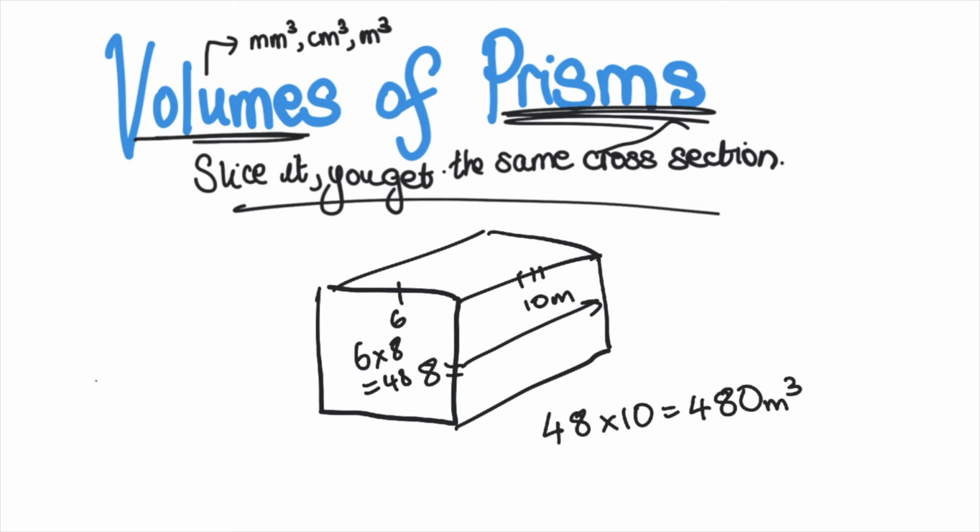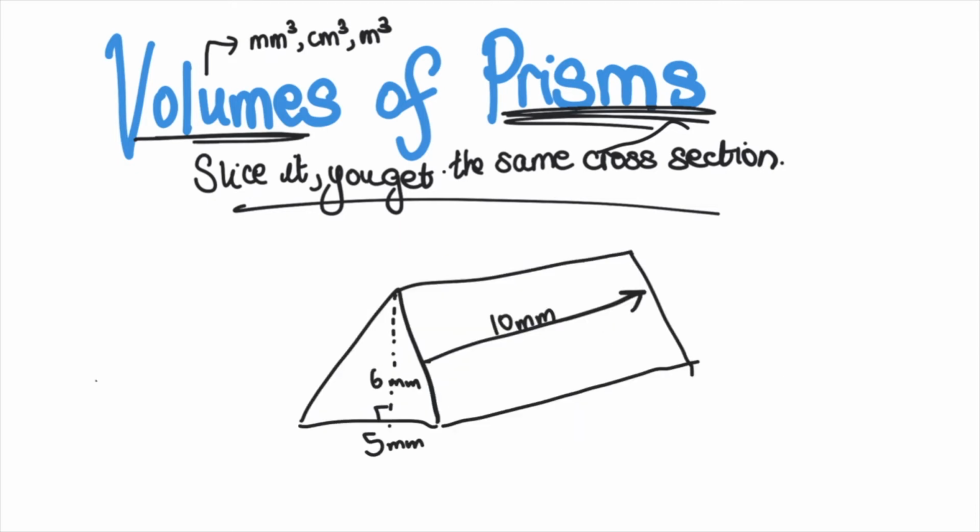Let's try another one. What is the area of the front shape? We have got a triangle. So you do the area of the triangle times the length of the shape. So the area of the triangle is half base times height, and up and down height, not the slopey, okay? Never go for the slopey.